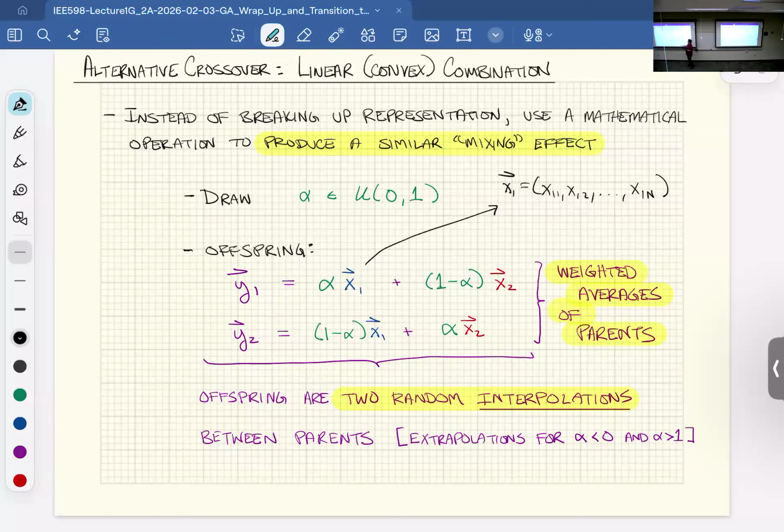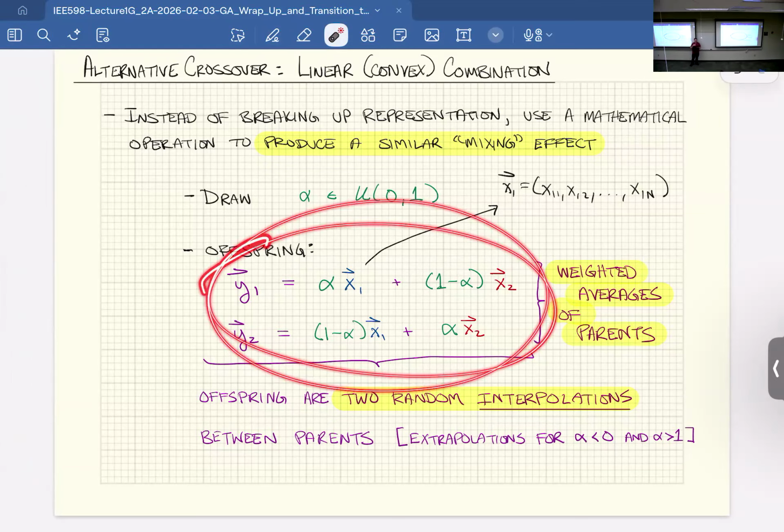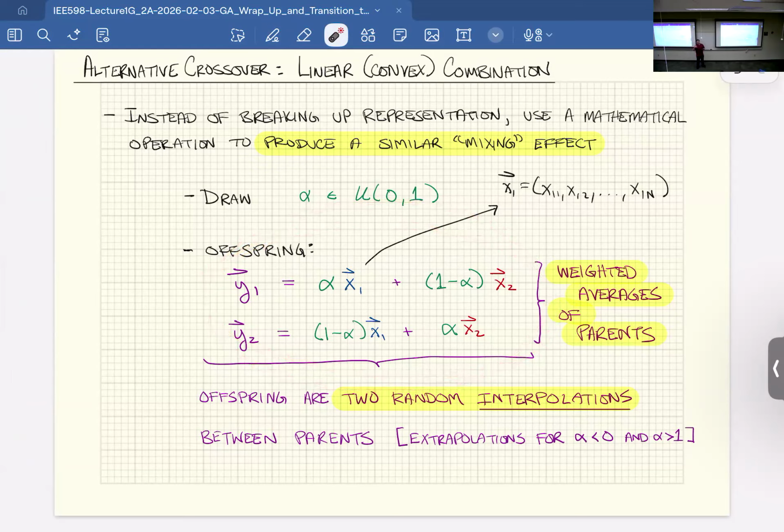And so we're doing this linear combination on every gene. So on every gene, you're doing alpha, which is just a scalar, times the gene from parent 1, plus 1 minus alpha times that same gene location from parent 2.